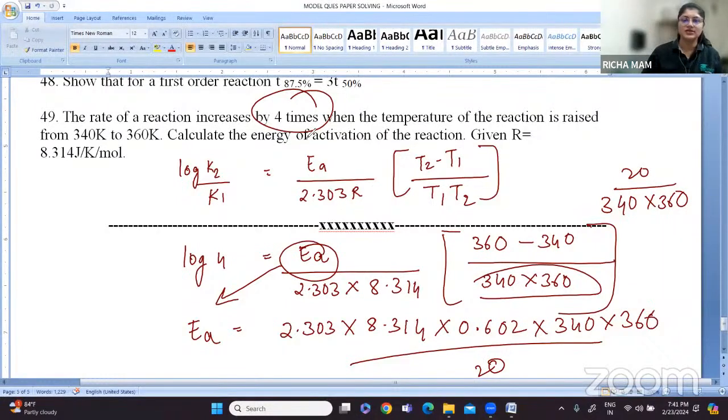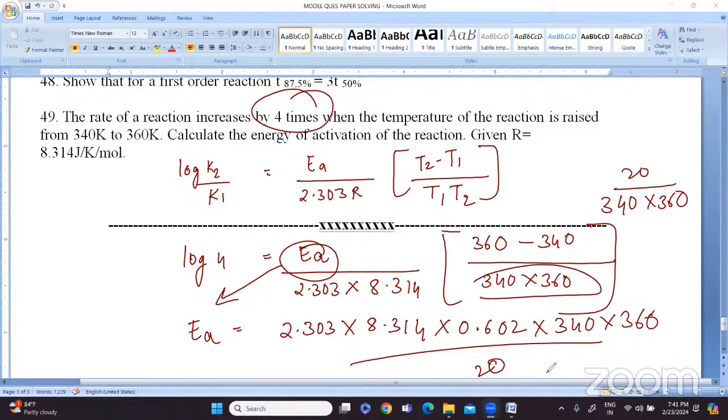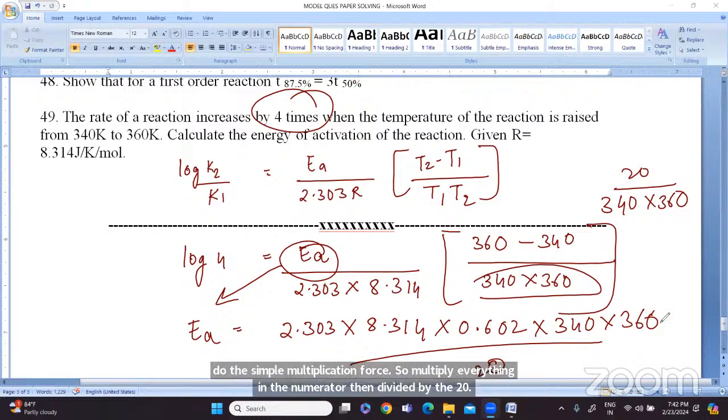So do this. Just see what answer you will get. Simple multiplication. Do the simple multiplication first: multiply everything in the numerator, then divide by 20. Yes, what answer are you getting?